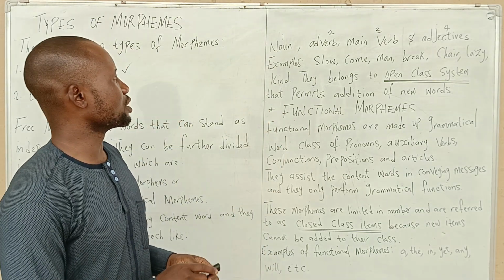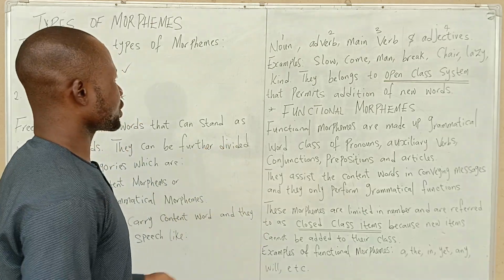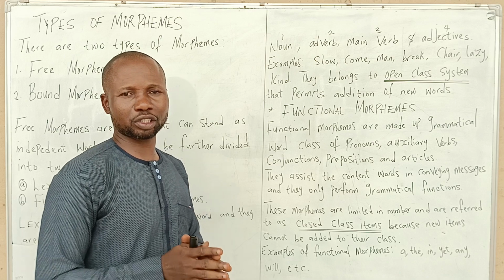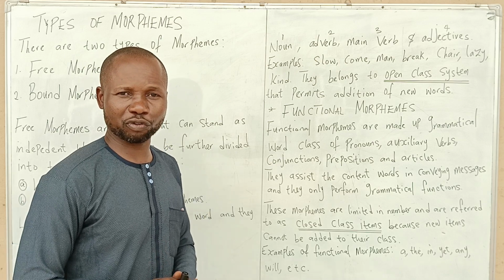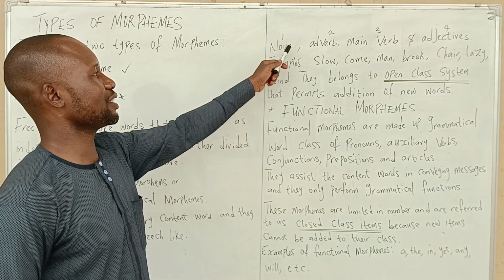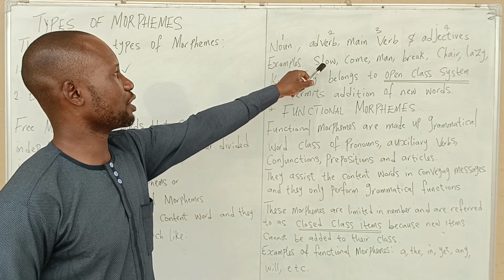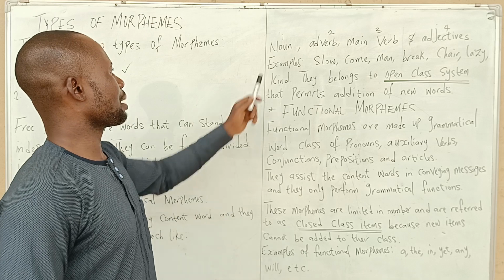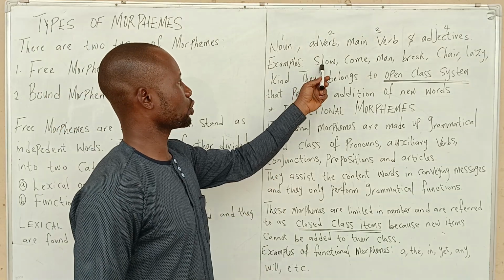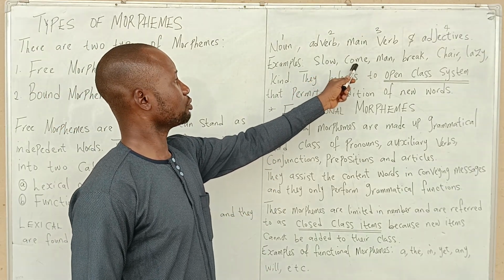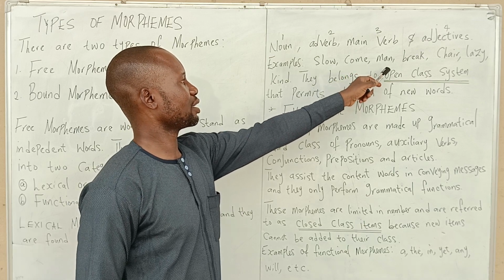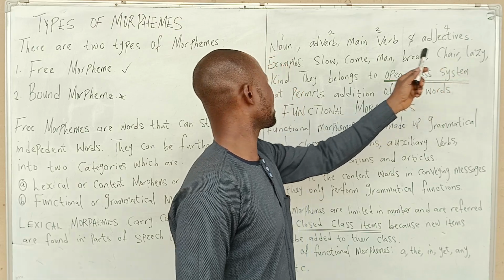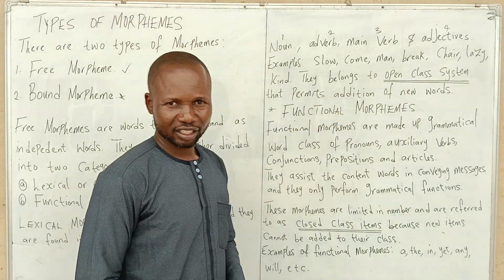All right, let's proceed. So content morpheme, as I choose to be calling it today, can as well be called lexical morpheme, and can be found in either noun, adverb, main verb, or adjectives. Examples, we have slow, calm, man, break, cheer, lazy, and kind.